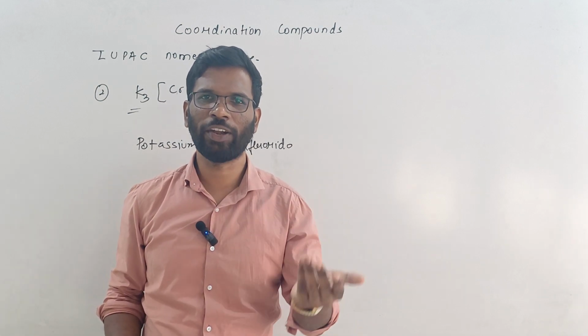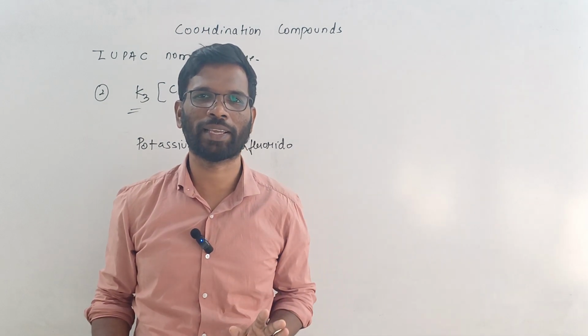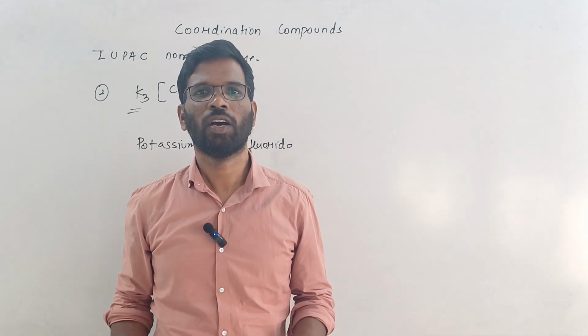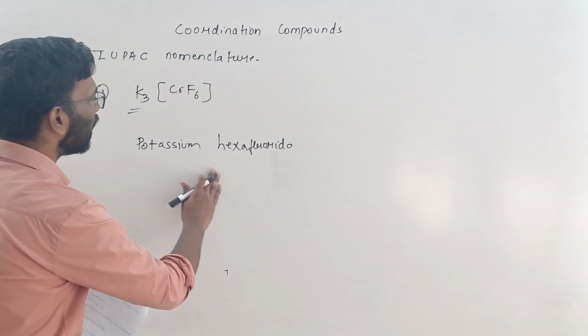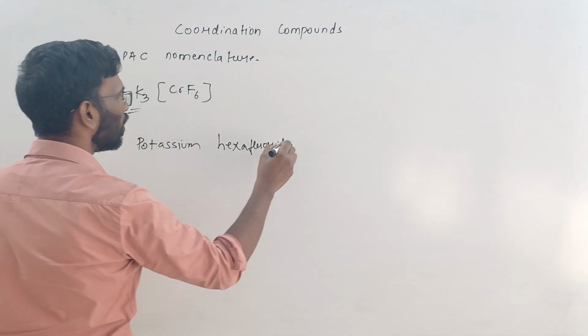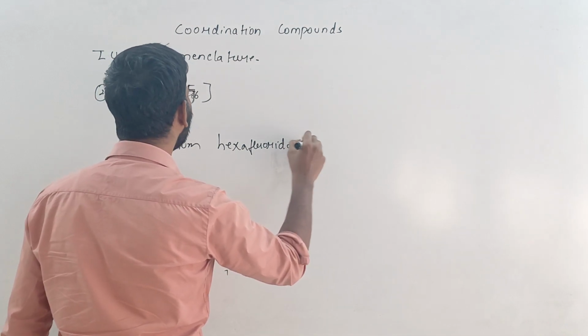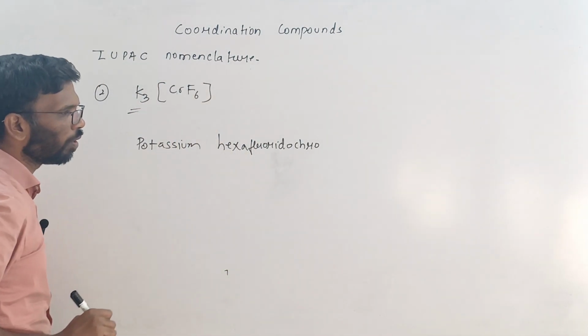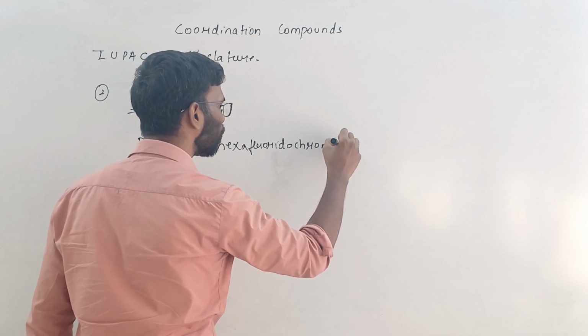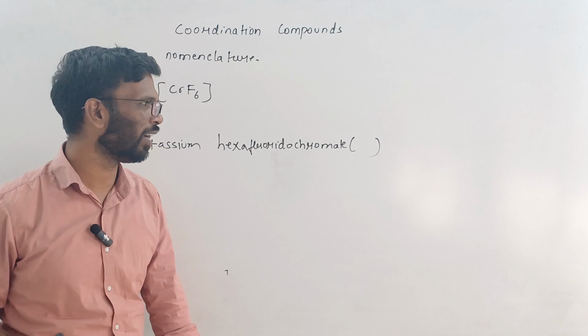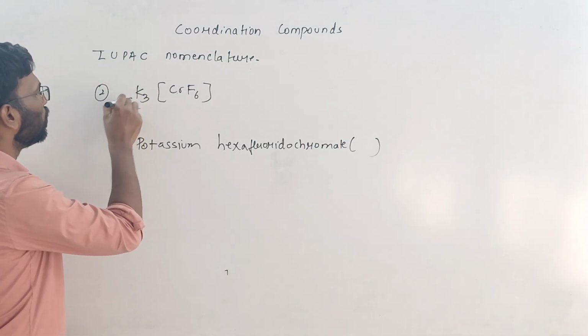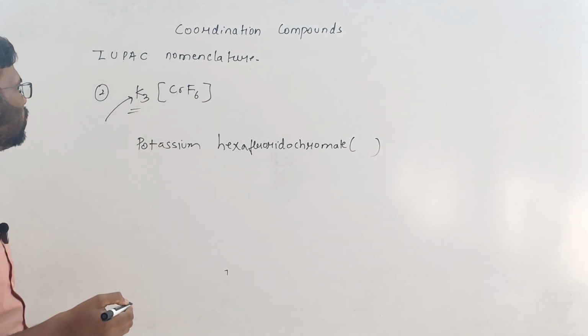All these are negative ligands irrespective of where they are present, whether in a positive coordination sphere or a negative coordination sphere. So hexafluorido, then chromate, because over here chromium is present in a negative coordination sphere. In bracket I need to write the oxidation state of the chromium in Roman numerals, right? So this is 3 potassium. This is contributing how much positive charge?